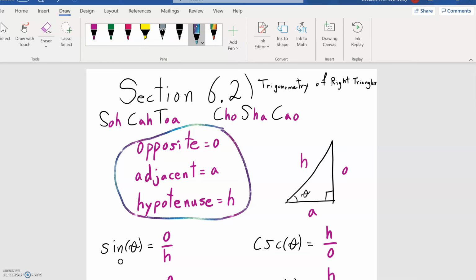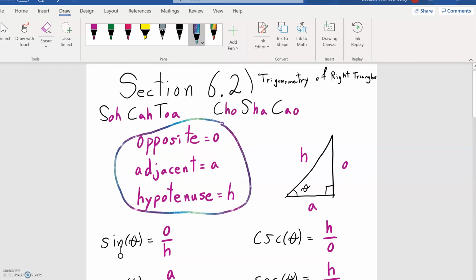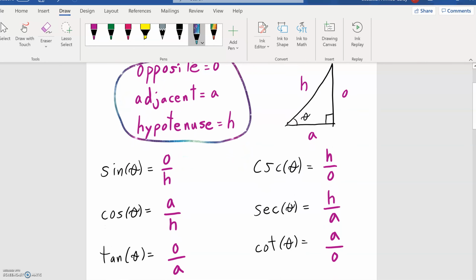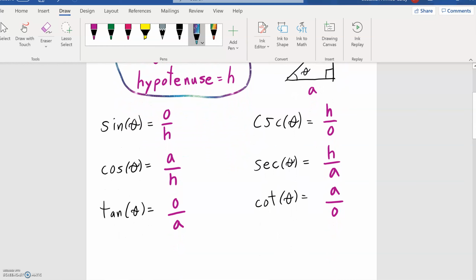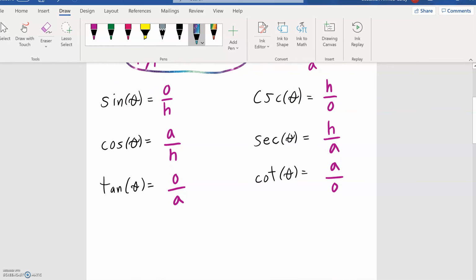For a trigonometric function, you have the following definitions for sine, cosine, tangent, and their reciprocal functions. What I am about to say here is extremely important, and I want you to remember this from here on out in this class and in your future math classes. The way my trigonometric functions work is as follows.